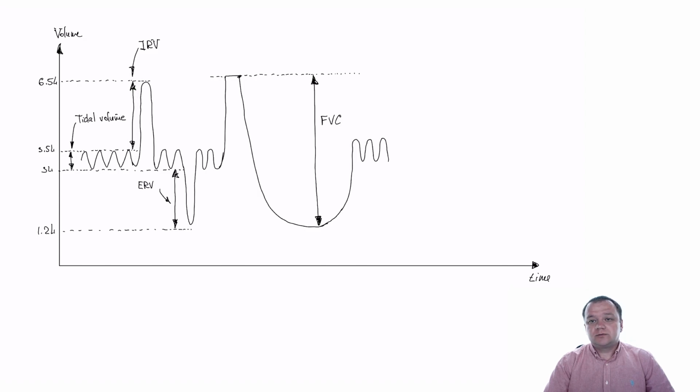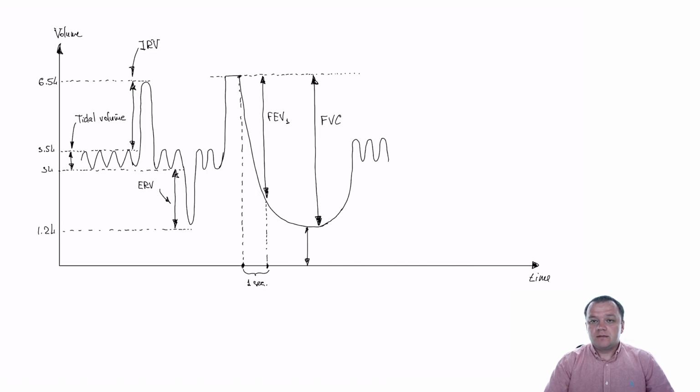So we are trying to limit the time for this maneuver. If we find the zero point when the patient has started exhalation after maximum inspiration, and count 1 second from this point, then we will have forced expiratory volume during the first second, or FEV1 for short.